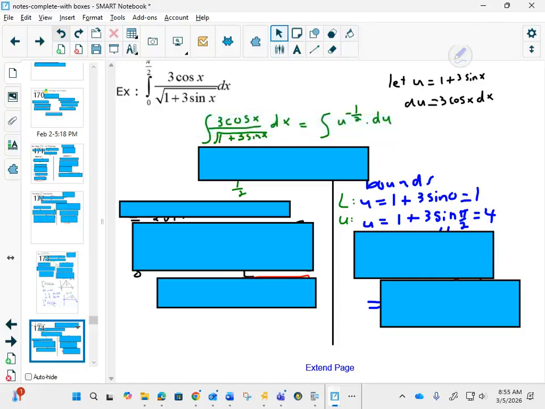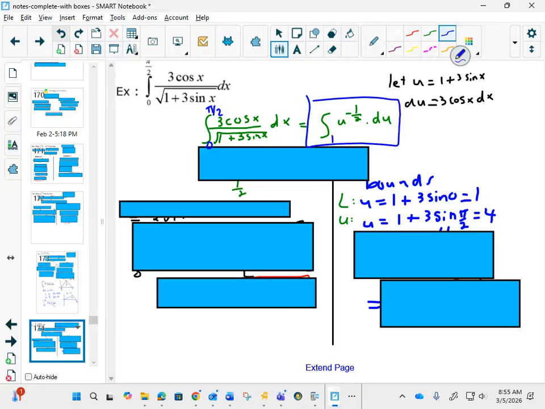So if my original one had, with x's, 0 to pi over 2, I guess technically you wouldn't rewrite that, would you? It's right there. Why would you write it again? So the first thing you would do would be to write this, and you would now write that my lower is 1, my upper is 4.